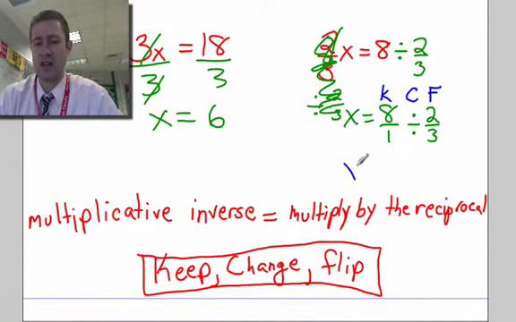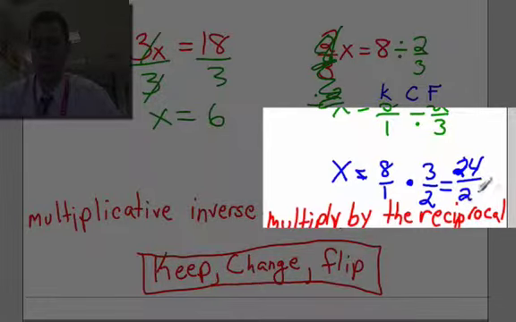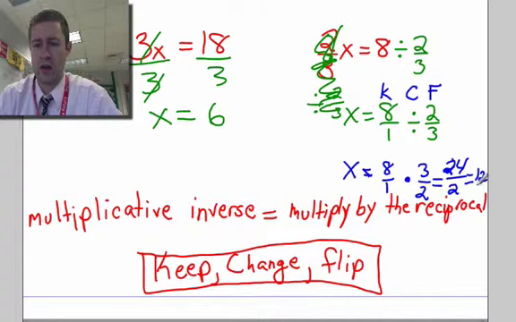So our next equation simply becomes 8 over 1 times the inverse, or the reciprocal, which is 3/2. So I get 24 over 2, which converts to 12 over 1.